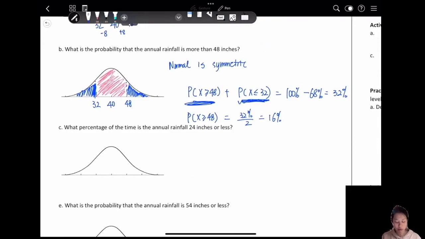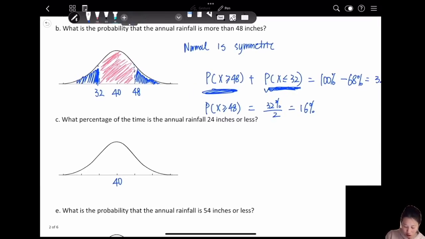So what percentage of the time is an annual rainfall 24 inches or less? So now let's label it. We know that the mean is 40 and 1 standard deviation is 48, 2 standard deviations is 56, and then less than 1 standard deviation is 32, less than 2 standard deviations is 24.